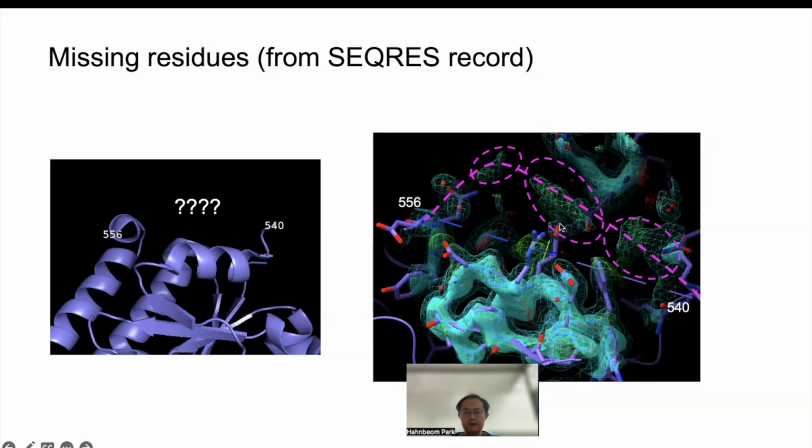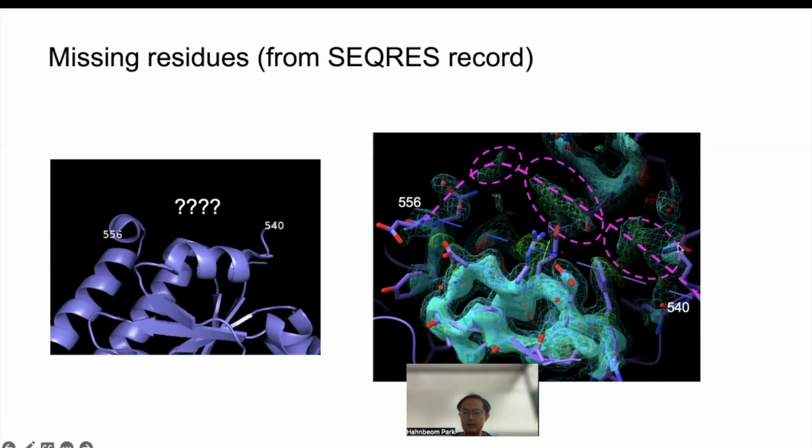These are called missing residues. If you follow the sequence record in the PDB, there should be 15 residues here, but they are not determined in the PDB. The reason is that you cannot judge where the protein backbone should lie based on the experimental data.